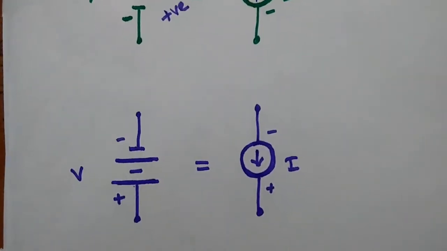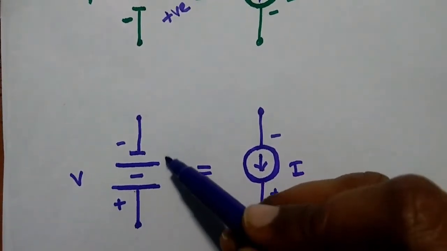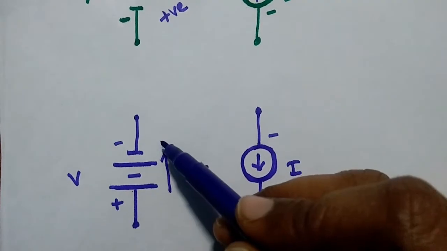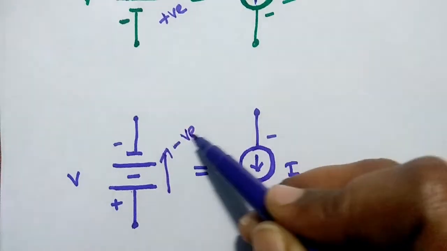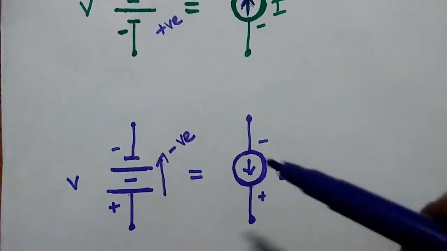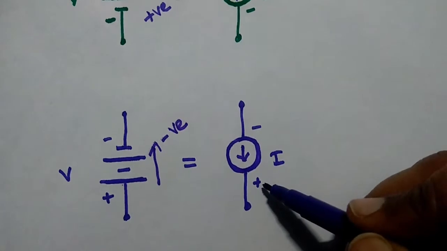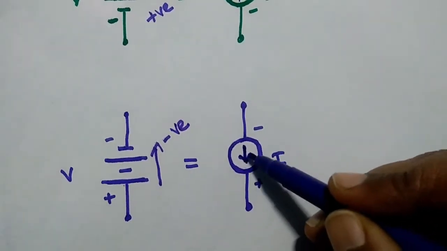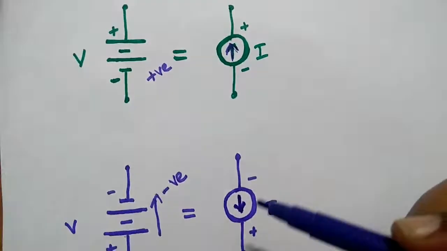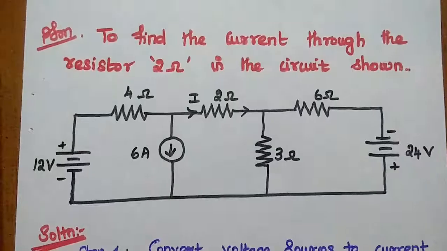So likewise, if the supply is positive to negative, if I am looking from this positive to negative, then it is the negative voltage. For this negative voltage, the direction of the current flow is from negative to positive. So its arrow mark is looking like this. Okay, so this arrow representation is very important in source transformation.